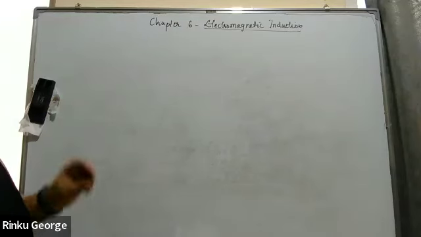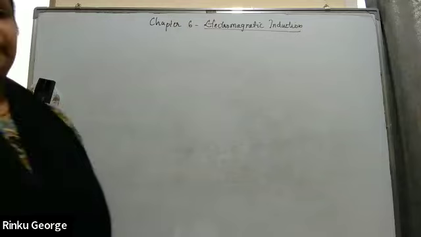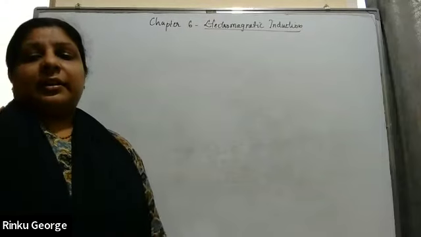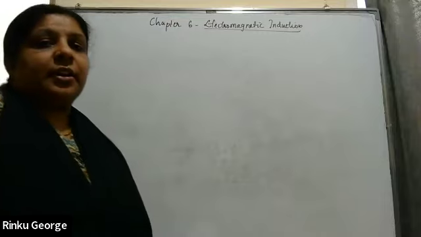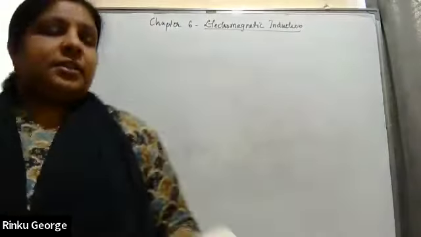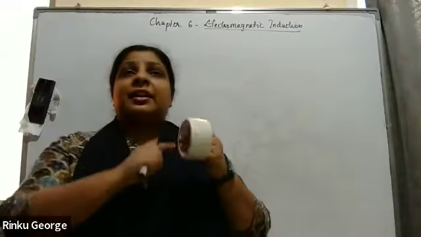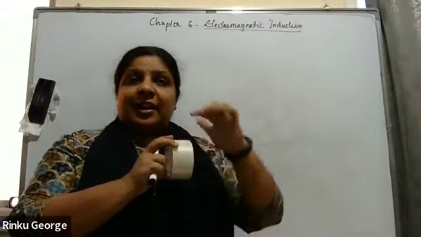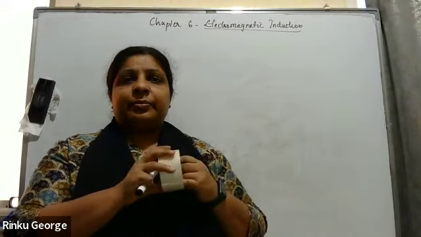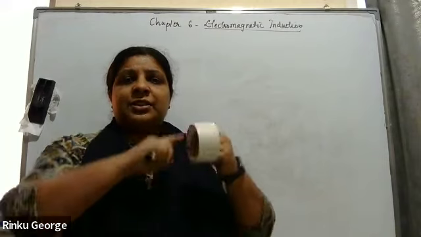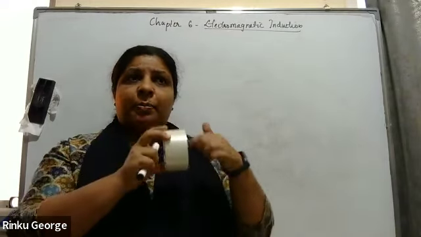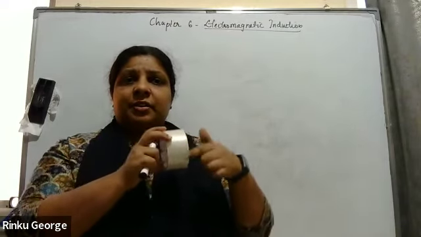Give heading electromagnetic induction. Okay, now listen. Electromagnetic induction means, just imagine this is a conducting coil, a conductor. Listen, all of you. So this is a conducting coil, a copper coil wound in the form of solenoids or something.